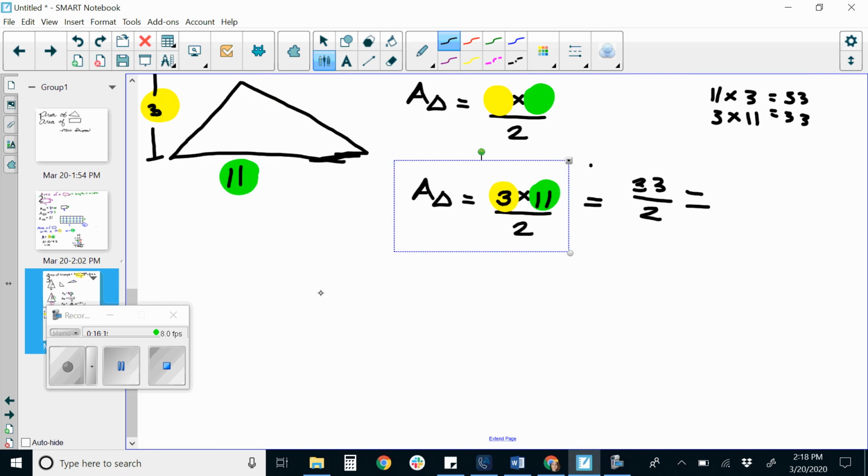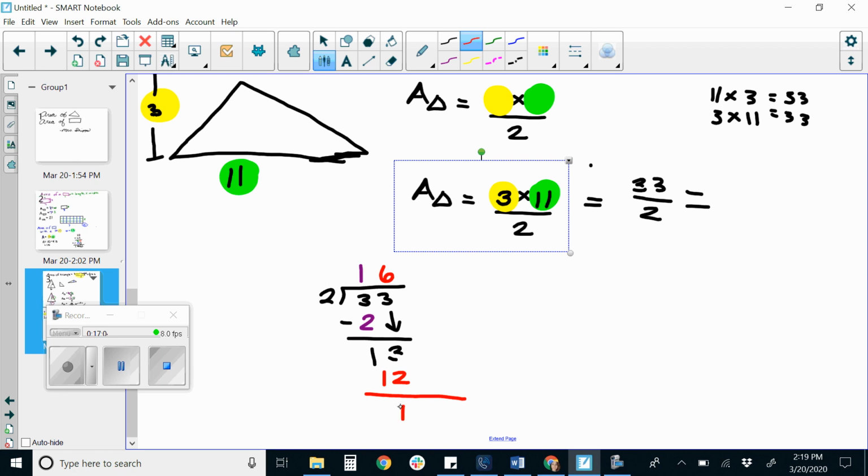So let's come over here and do our math. 2 into 33. 2 goes into 3 once. 1 times 2 is 2. We're going to subtract. 3 minus 2 is 1. Bring down the 3. 2 goes into 13 6 times. 6 times 2 is 12. 3 minus 2 is 1.